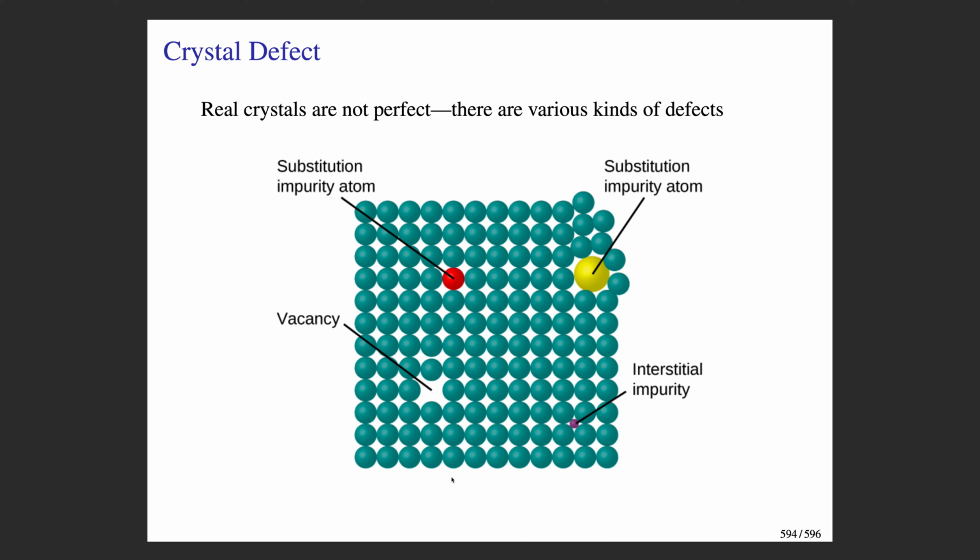Here's just some additional vocabulary for talking about crystal structures. Real crystals don't extend forever, and they aren't perfect with an atom at each lattice position as they're supposed to be. There can be impurities. There can be vacancies. There can be impurities between atoms. So there are all kinds of defects that you can have in a real crystal.